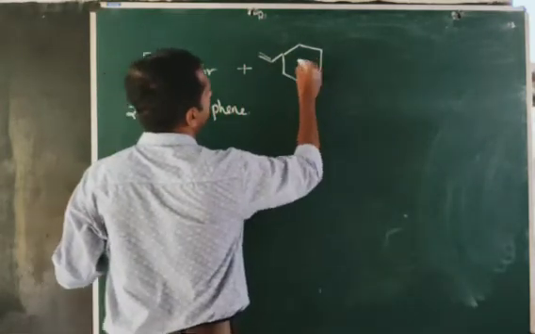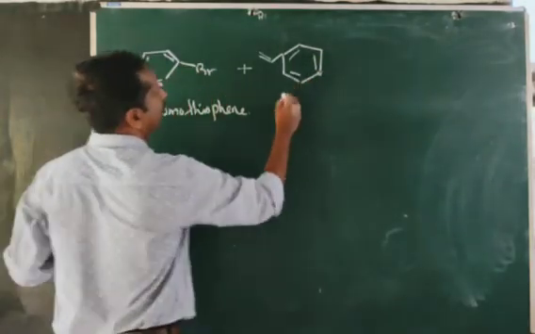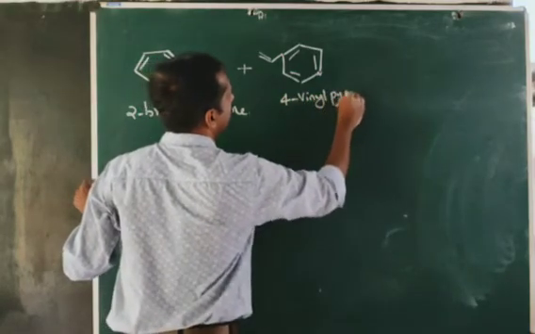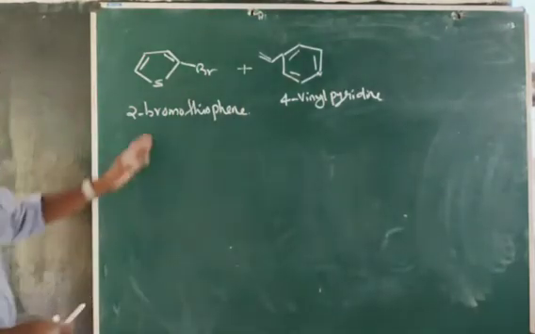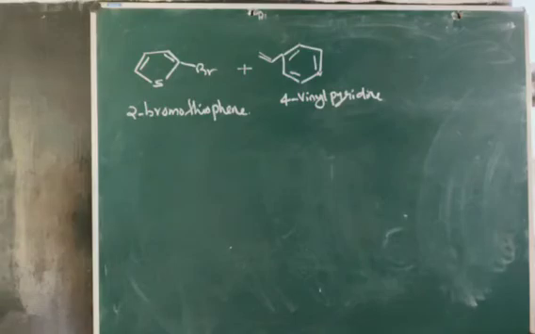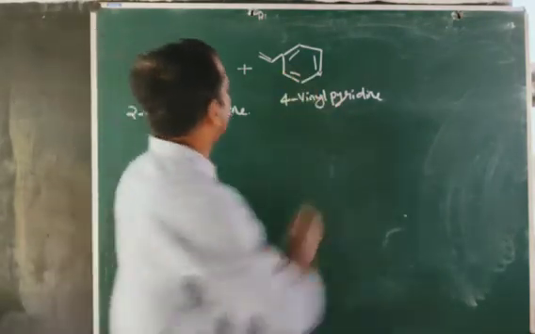This is 4-vinylpyridine, counting 1, 2, 3, 4. So 2-bromothiophene is treated with 4-vinylpyridine, with N here.